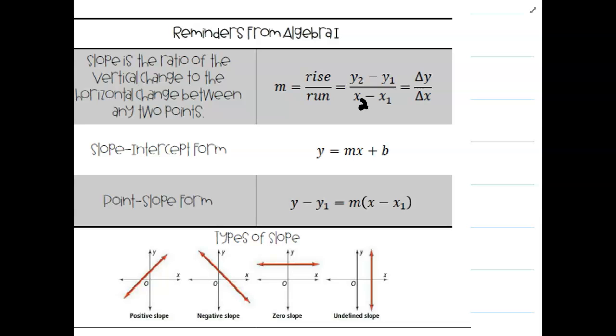Subtraction. You subtracted, right? You took 100 minus 80. So the change, that's what that triangle means. The change in y is just the difference in the y values, which is exactly what you're doing in the formula. And same thing with the change in x. So we'll practice with slope a little bit.